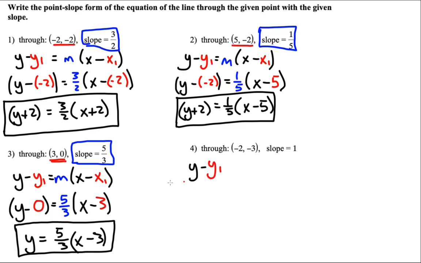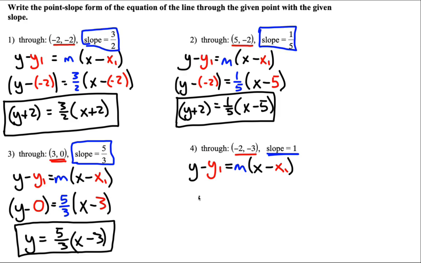Our final problem, problem 4, again, I'm just going to write out the equation in point slope form. Y minus y1 equals m times the quantity x minus x1, where in this case I'm going through point -2, -3, and my slope is just equal to 1.